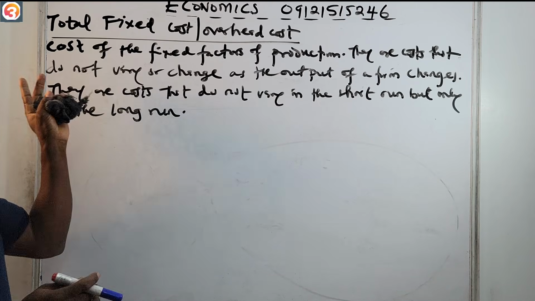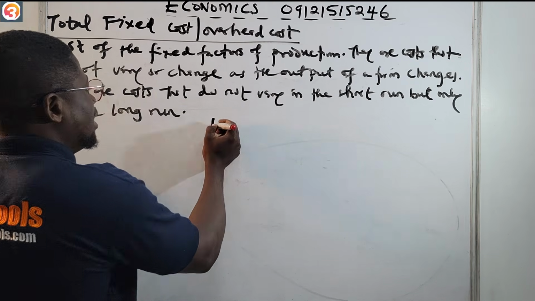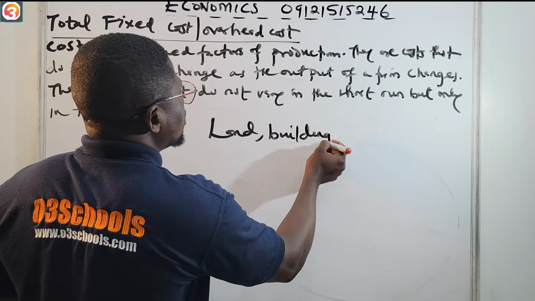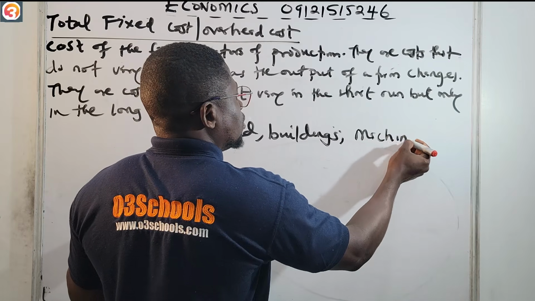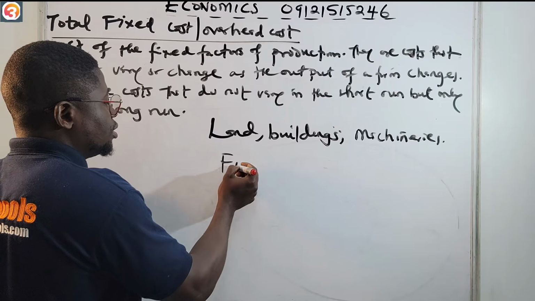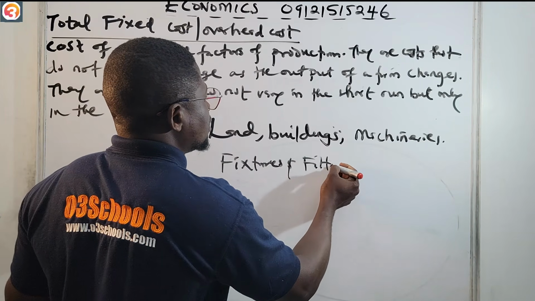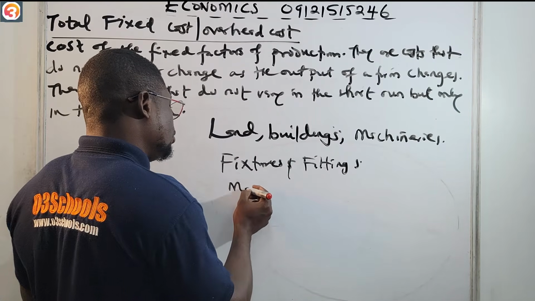So examples of fixed factors of production, for example, you have land, your buildings, your machineries, your fixtures and fittings, your vehicles, your motor vehicles.